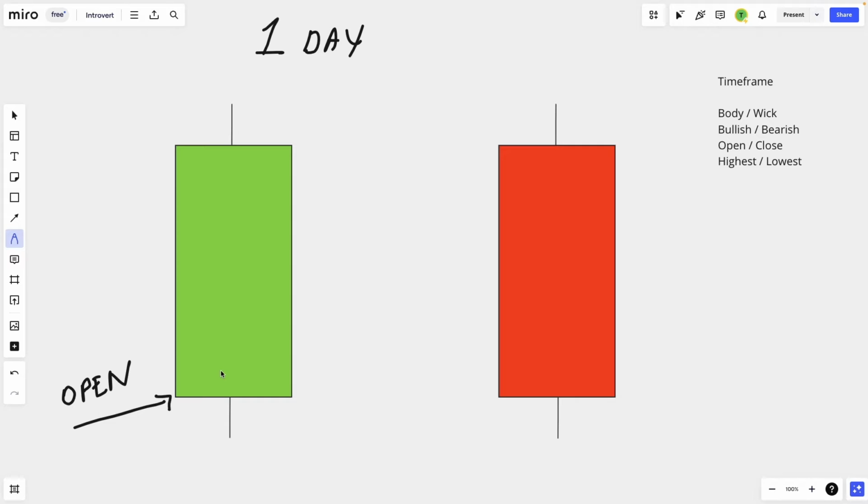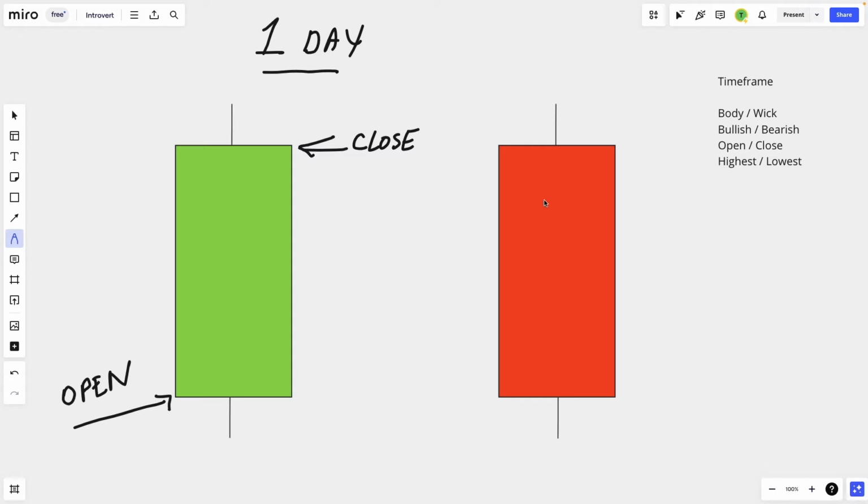And then because it's green, it's bullish, the price moved up throughout the 1 day period, which we're talking about here. And the closing price is going to be right at the top here. So for green candles where it's bullish, the opening price is at the bottom and the closing price is at the top.